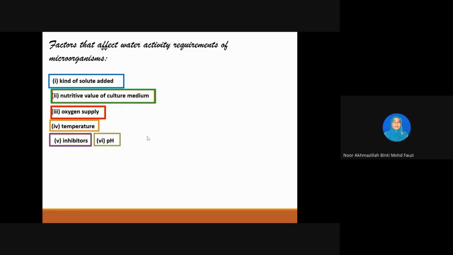These are the factors that affect the water activity requirements of the microorganism. It means that in order for microbes to carry out biochemical reactions, they also need these factors.